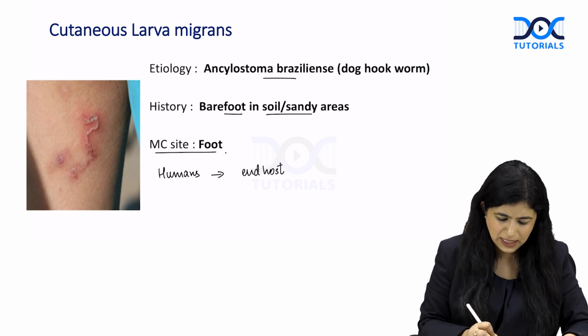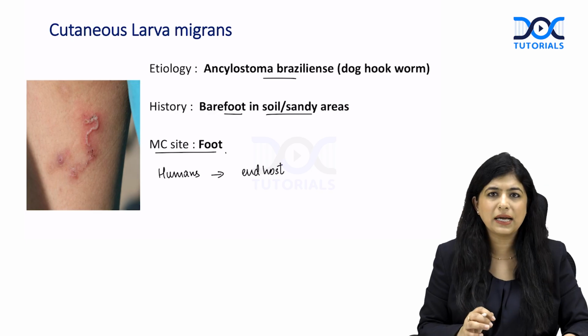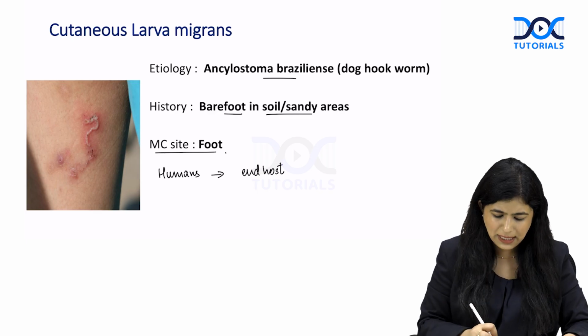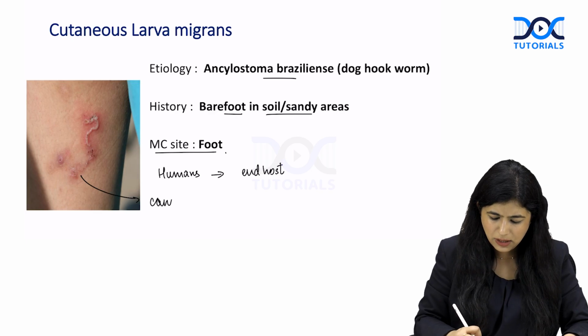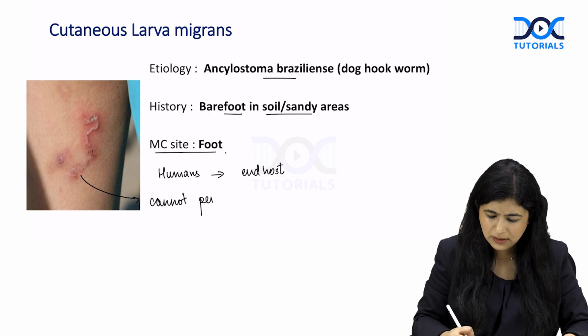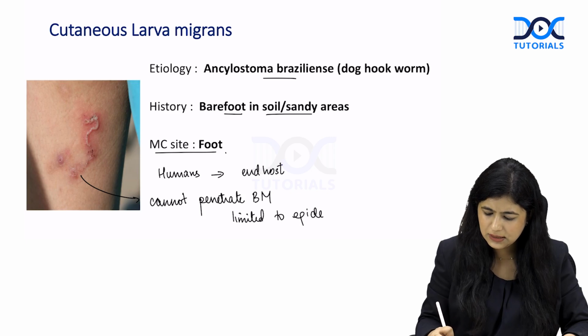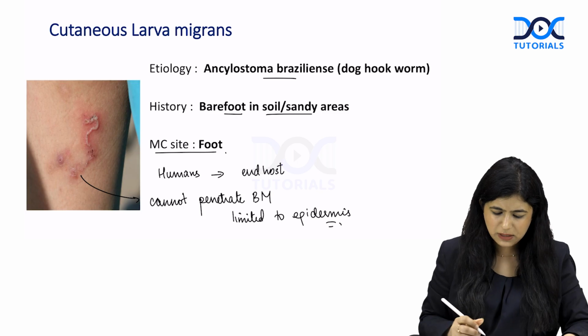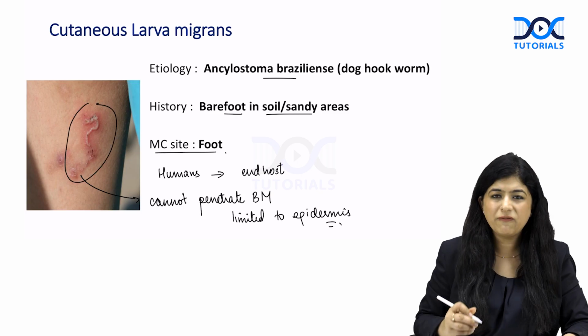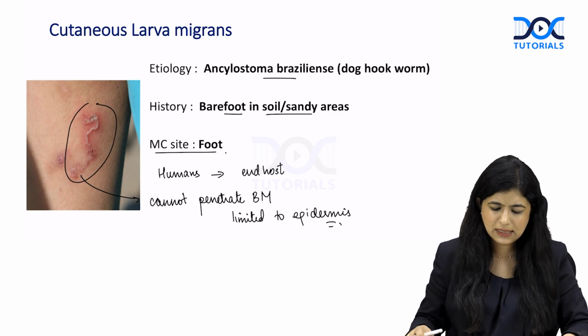And the larva, even after it enters the skin, cannot go much deeper because it cannot penetrate the basement membrane of the skin. So it is limited to the epidermis, because of which it forms this superficial tract in the skin.